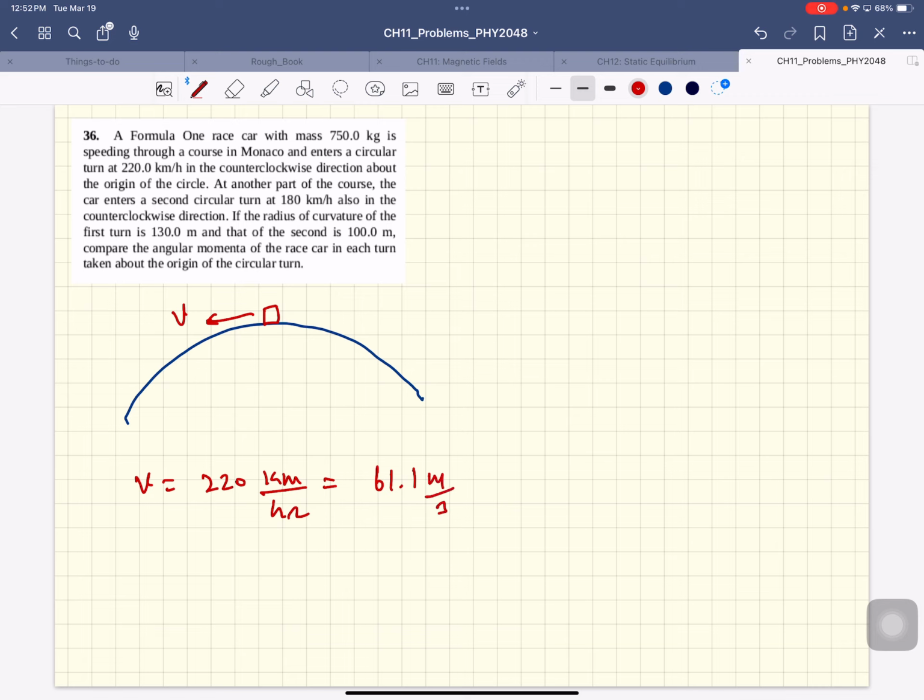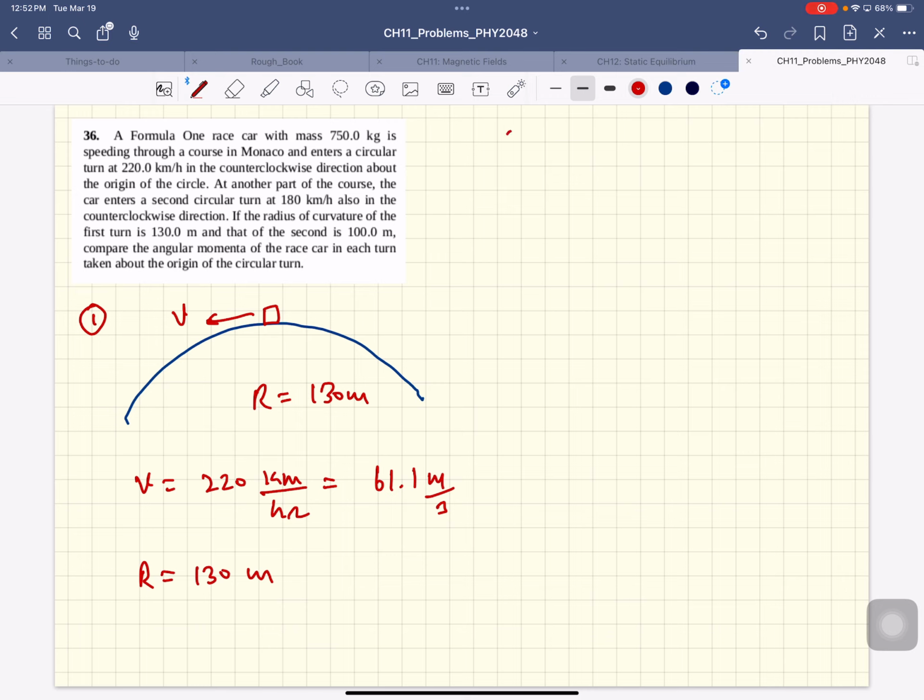Okay. And the radius, what was the radius? Enters a circular turn in the car. The radius of curvature of the first turn is 330 meters, and that of the second turn is 100 meters. Compare the angular momentum of the race car in each turn. Okay.